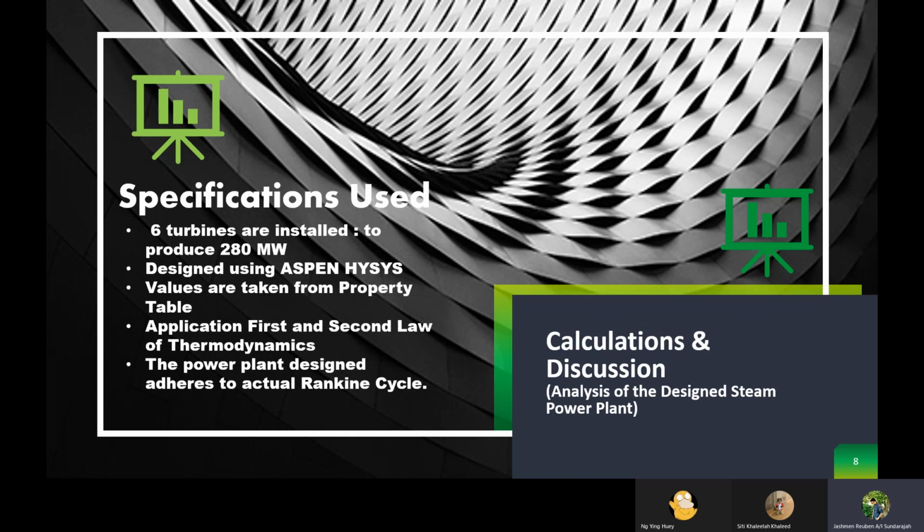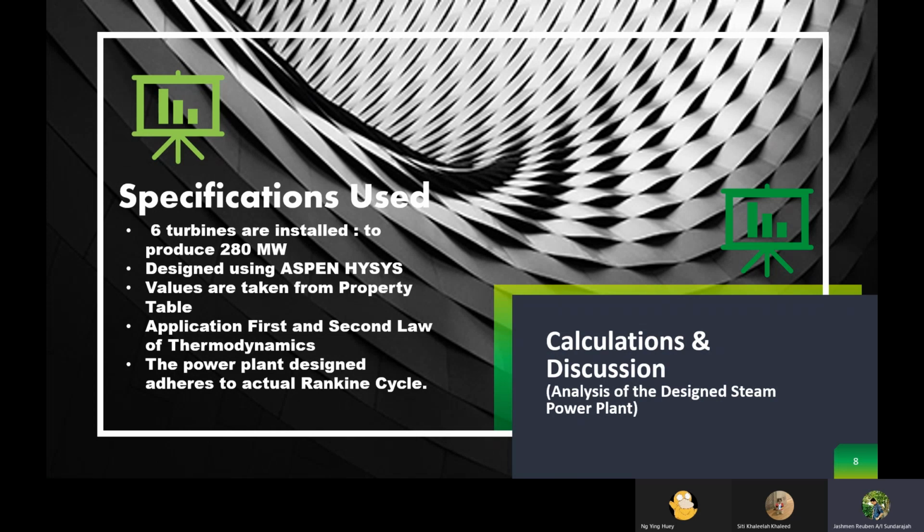The proposed steam power plant was designed using Aspen HYSYS. The values of enthalpies and parameters were taken from the property table. The steam power plant was analyzed using the first and second law of thermodynamics, and the power plant is designed such that it adheres to the actual Rankine cycle.